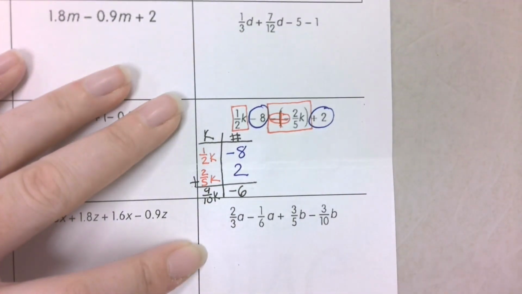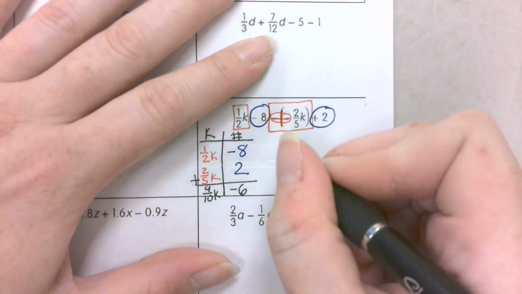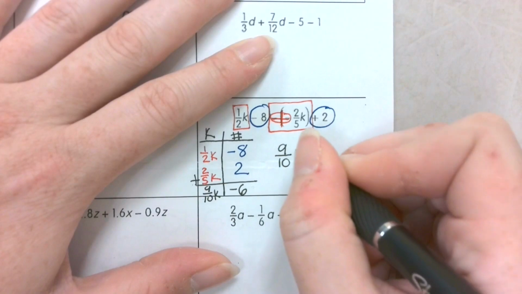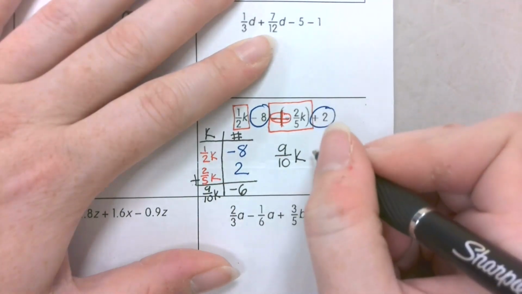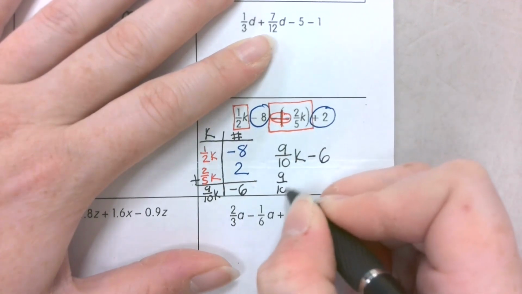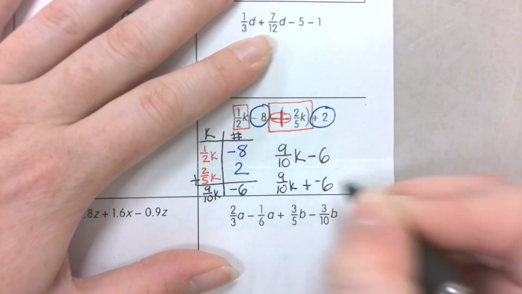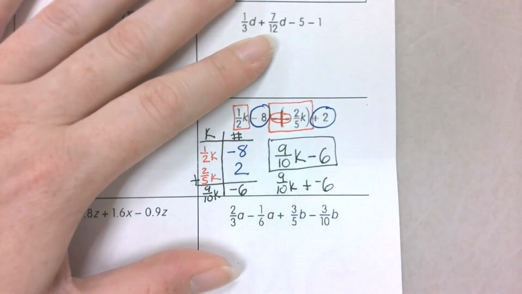Now that I've combined my like terms, I need to write this as a single expression. So we have 9/10 k, and then because this is a -6, we will say this is -6. You could also write 9/10 k plus a -6, but this is the better, more math mature way.